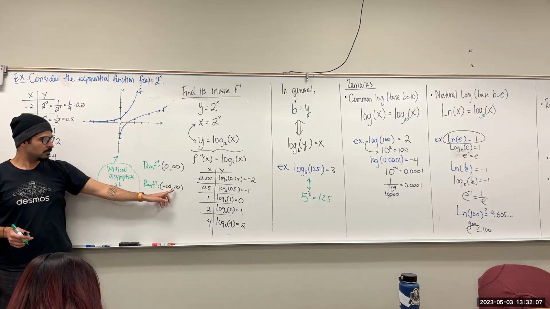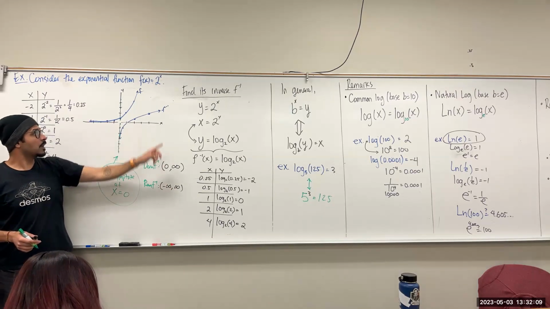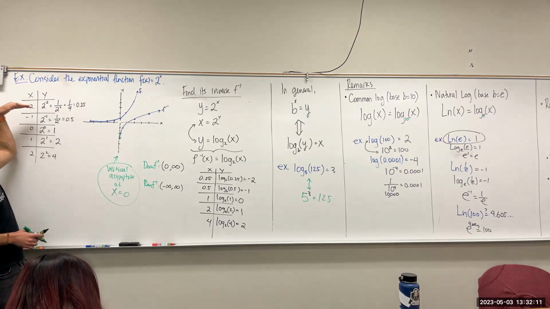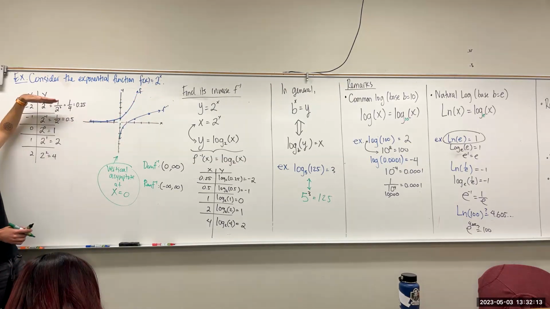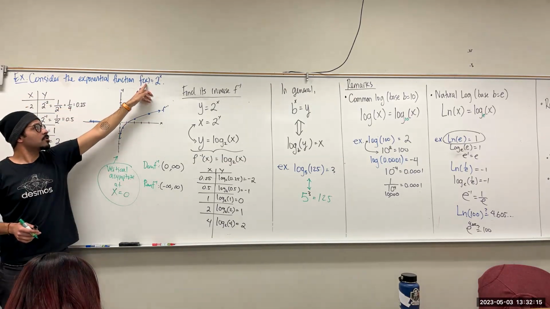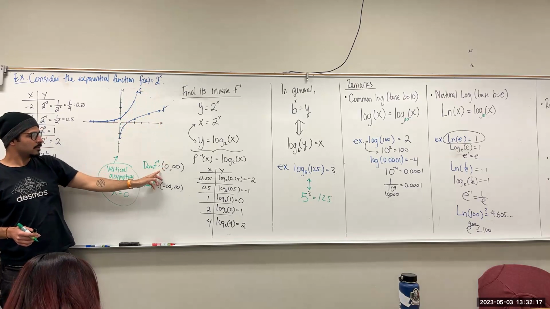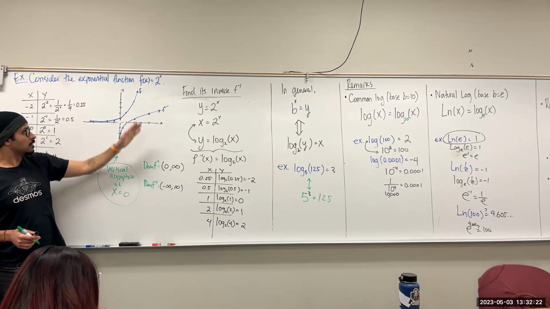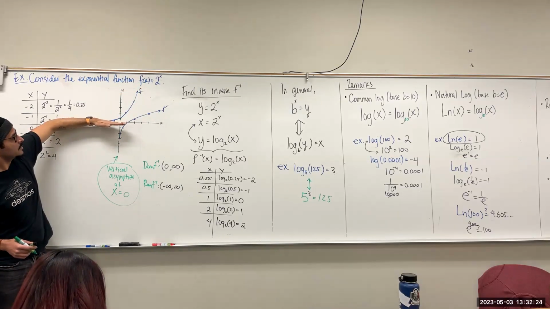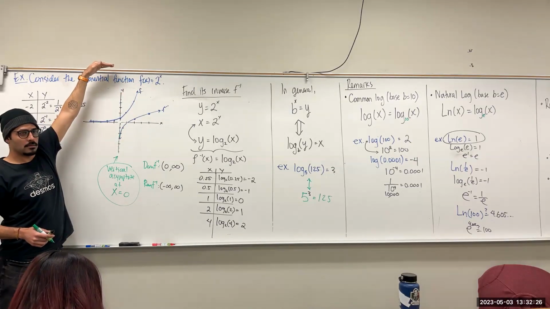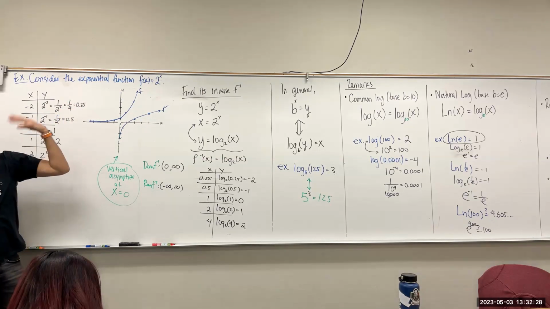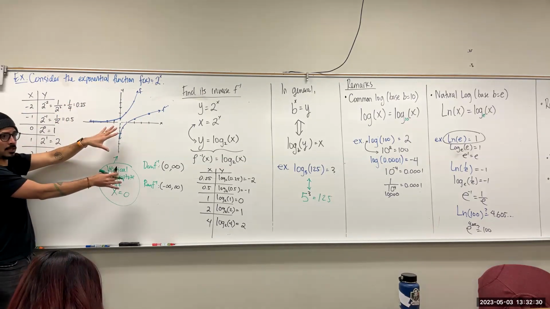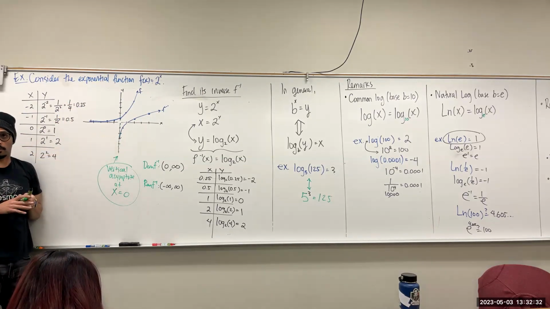And is that true? The domain of 2 to the x is all real numbers, right? The range of f is equal to the domain of f inverse. Notice, is the range of f 0 to infinity? Correct. So everything that you've learned about inverse functions is really ingrained in both of them.